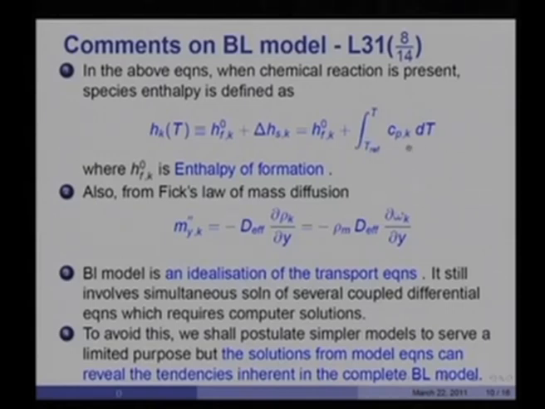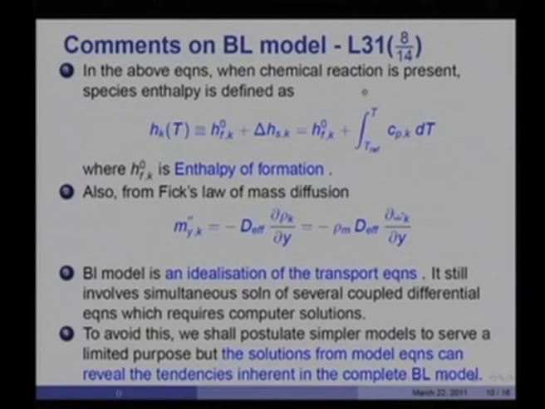Gaseous species often have C p k as a function of temperature, often a fairly weak function, but nonetheless a function of temperature. Now, this H naught F k assumes different values for different species when you have a chemically reacting mixture.